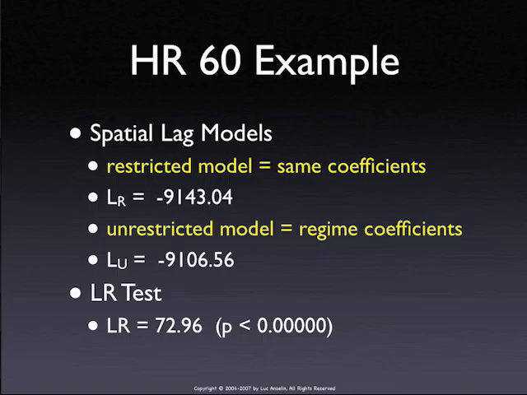And then in our example, if we take, for example, the spatial lag specification, then we see that there is a strong rejection of the null of equality of the coefficients. And you can do this for all the coefficients jointly, or you can do it specifically to, you know, one or two of these coefficients, and then you can have a mix of a model with some parameters being constant throughout the whole data set and then some being different.